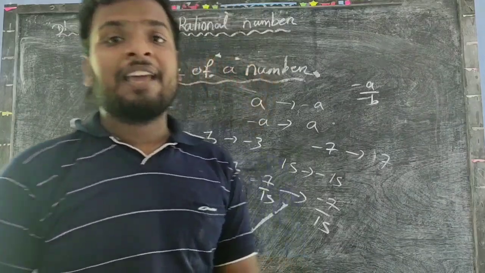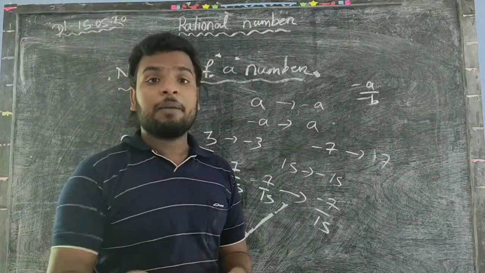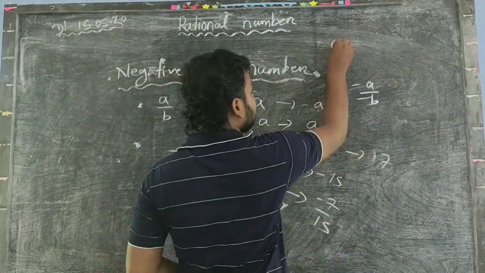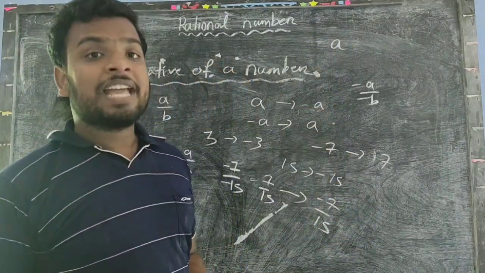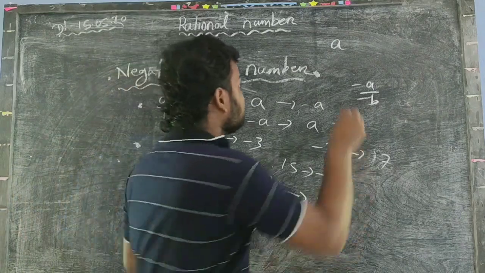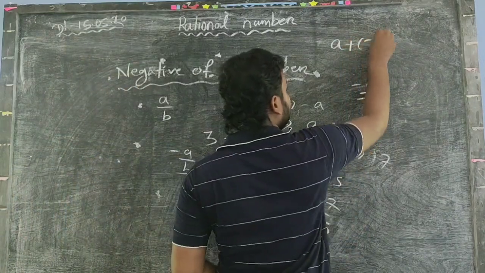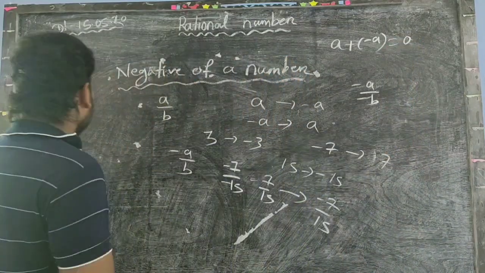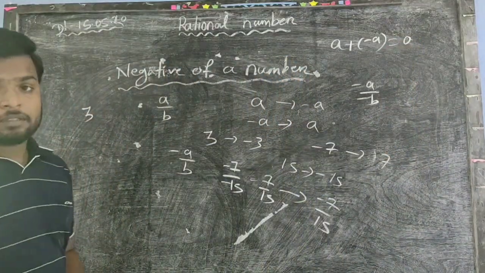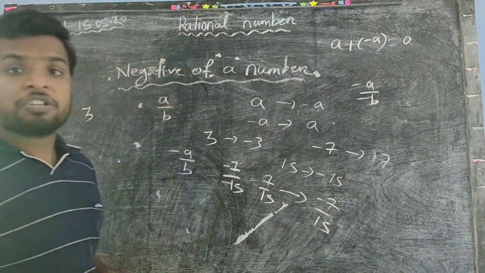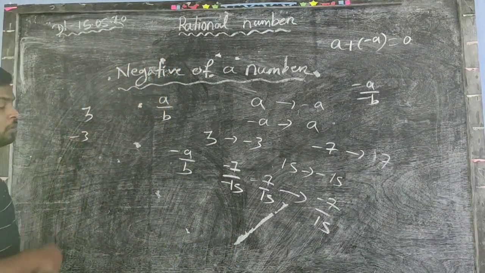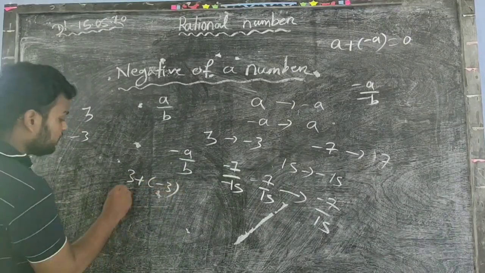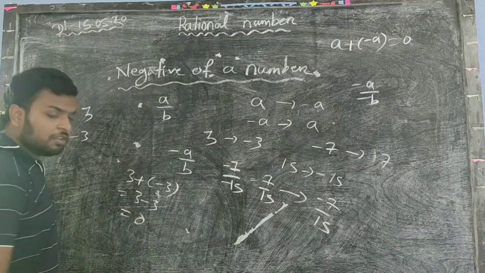When we add a number to its additive inverse, we get 0 as a result. That means if a number is a, and we add its negative or additive inverse, minus a, we get 0. For example, let 3 be a number, and its additive inverse or negative is minus 3. When we add 3 plus minus 3, we get 3 minus 3, which is equal to 0.